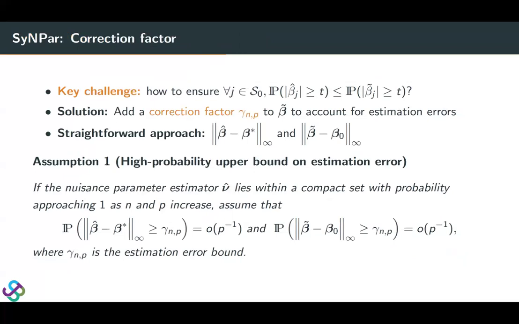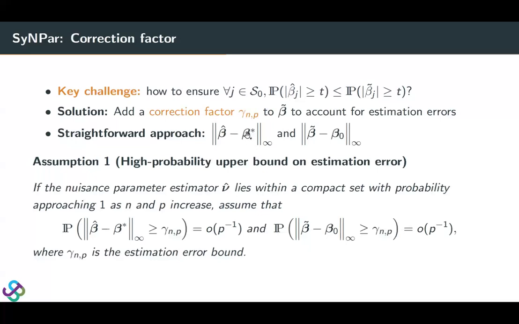As I said, for global null, there's a key thing we need to clarify to make the procedure work. That is, we need to add a correction factor to enlarge the absolute values of our negative control coefficients so that we can make it a conservative estimate to allow for estimation error.